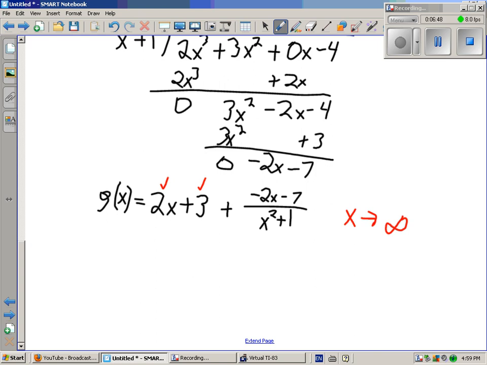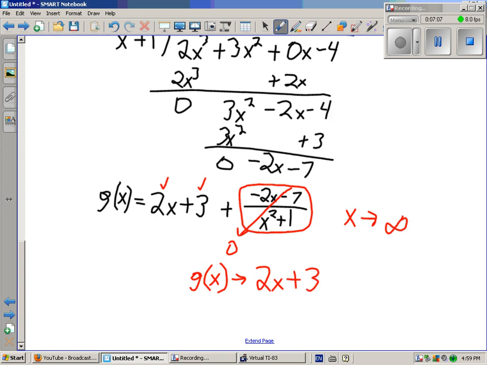This expression here, the power of the bottom is greater than the power of the top, so that's going to approach 0.